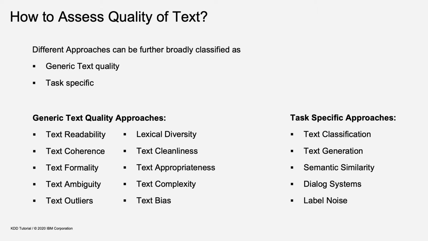To add to the list, we have text appropriateness, which measures the presence of offensive, inappropriate, or profane language; text formality, which captures the use of formal language in text; text bias, which detects the presence of biased language in text; and a few other text quality approaches.